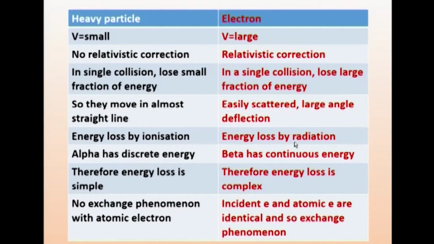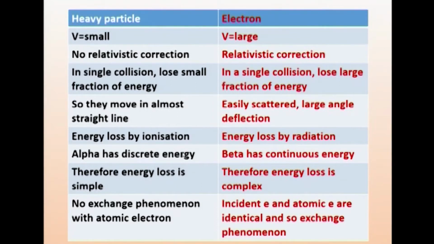Suppose you have an antenna. In the antenna, electron is moving up and down. When it is moving fast, at radio frequency, you will get radio frequency radiation. If it is moving up and down at microwave frequency, you will get microwave radiation. Therefore, electron is able to move fast because of the smaller mass. So, here you get radiation.